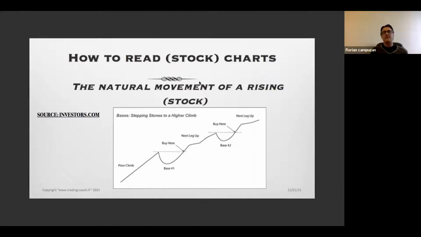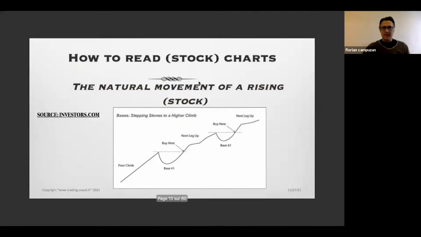I see many people using many indicators, and they will always find a period during which their system would have worked, but the more you use indicators, the less robust your system is supposed to be.